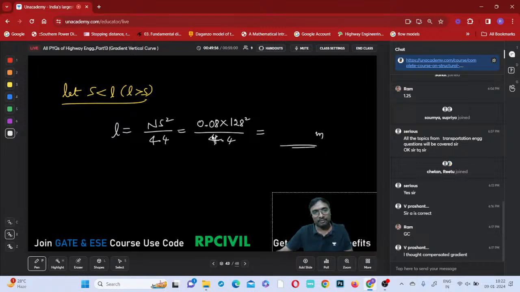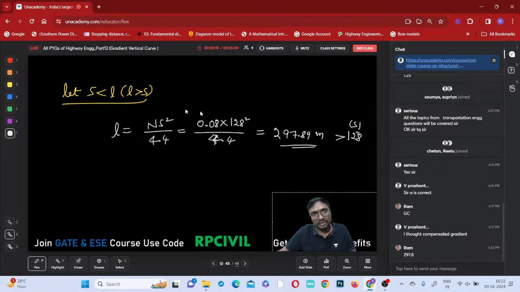L equal to 297.89. So it is greater than the sight distance 128.